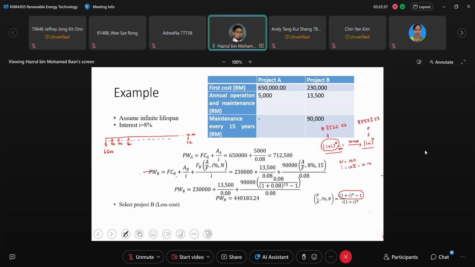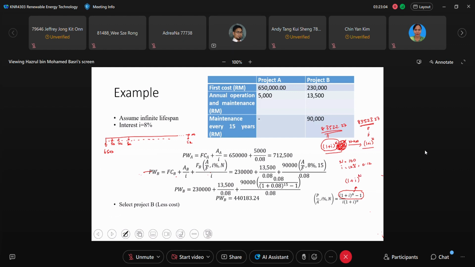From this example, you can see that whenever we tend n towards infinity, these values are almost the same. So this number one actually becomes negligible, so we can neglect this one.